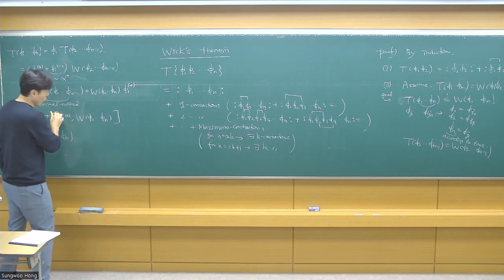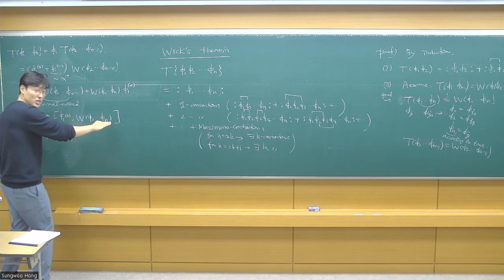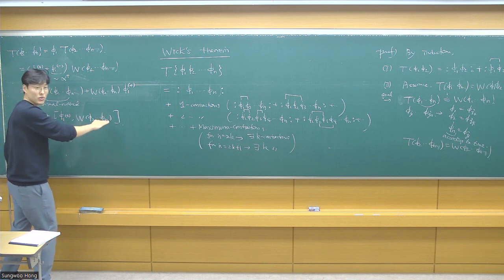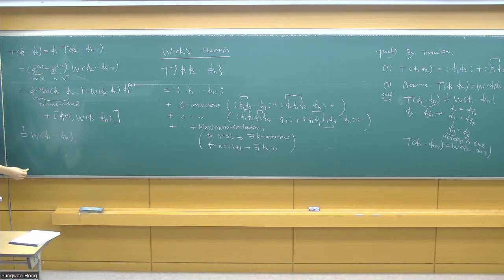So this will be a 1 contraction including phi 1 if it is a 0 contraction here, a 2 contraction with phi 2 if it had 1 contraction here, and so on and so forth, until it completely saturates. Got it? Okay?